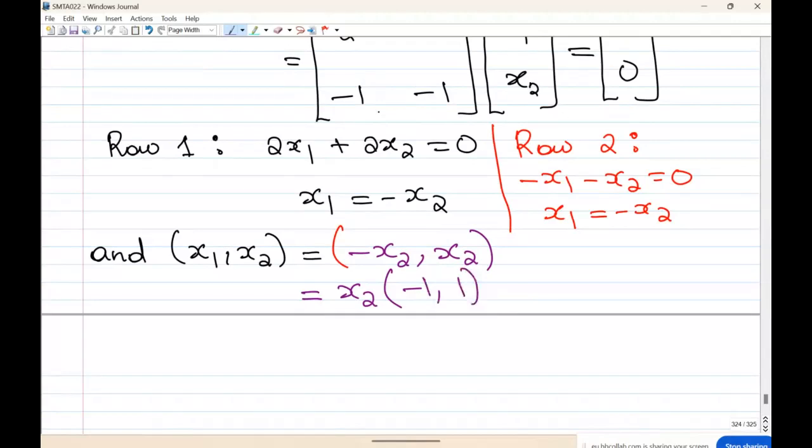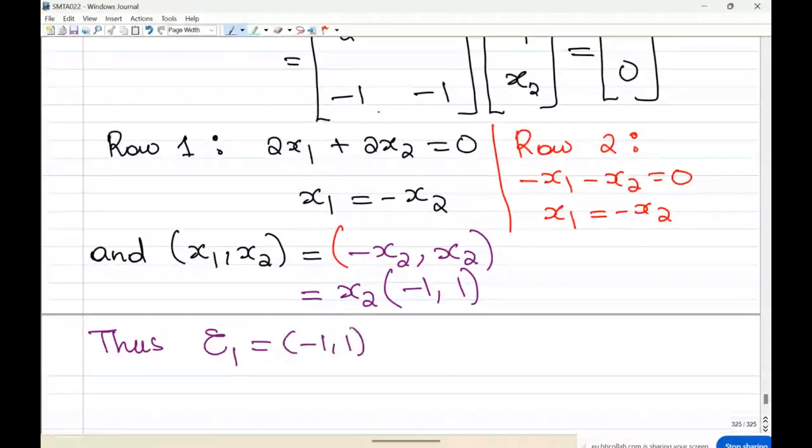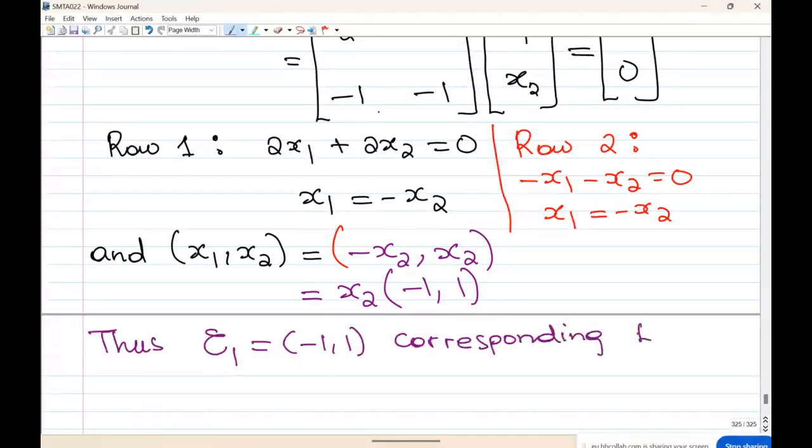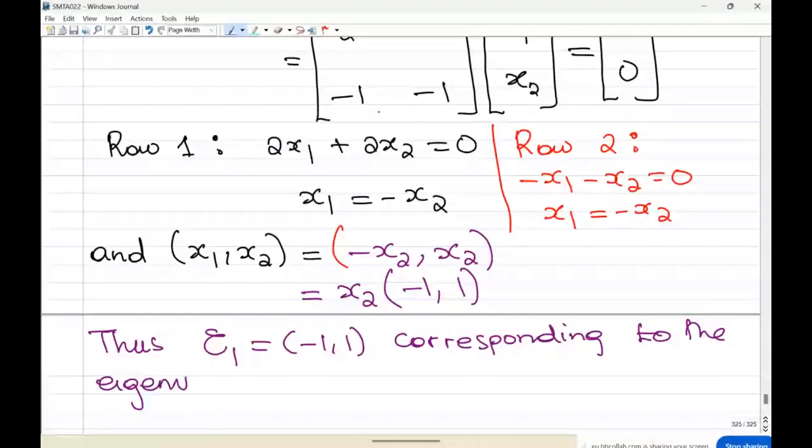So now your eigenvector 1 is equal to -1 and then 1, and this one corresponds to the eigenvalue of lambda 1, which is equal to 1.